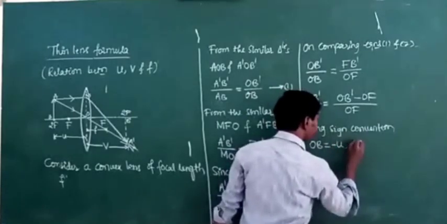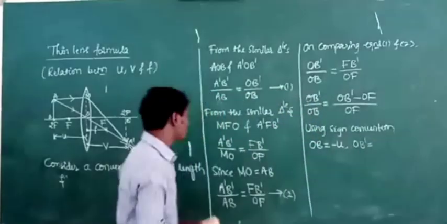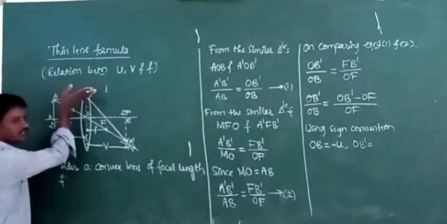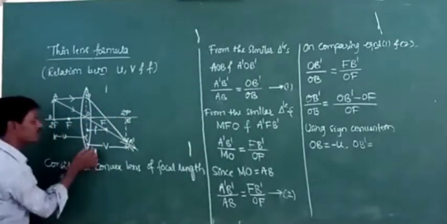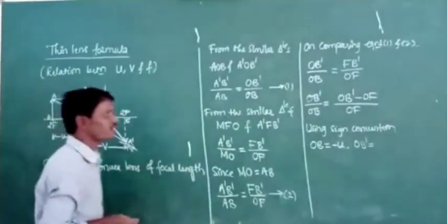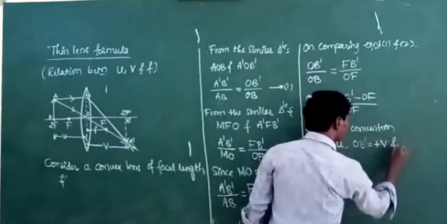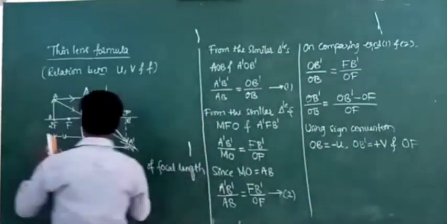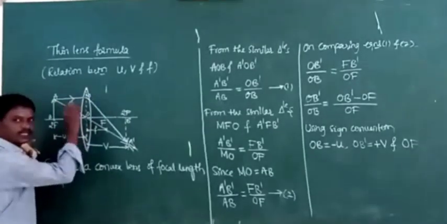Then what about OB dash? If the distances are measured in the direction of incident light, and incident light is in the positive direction, then the image distance is also positive, because we measure the image distance from the optical center to the image. That is why it is taken as plus V. And OF is plus, because the distance is measured from the optical center to the focus in the direction of incident light.